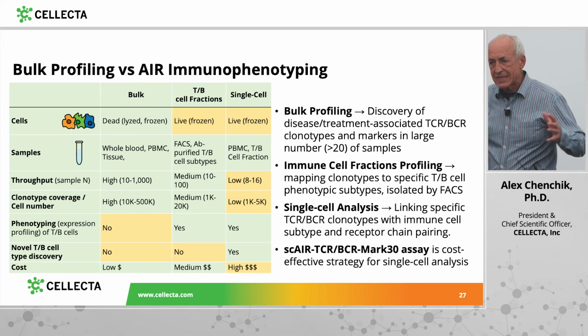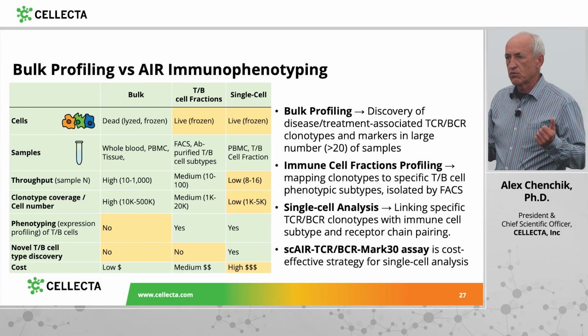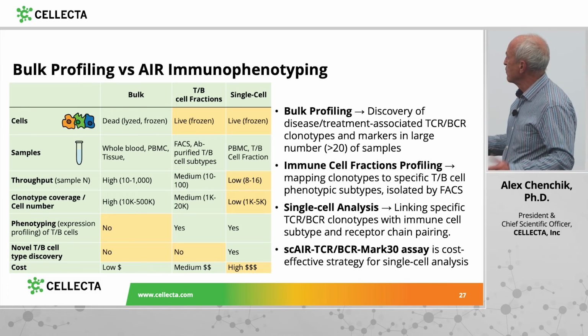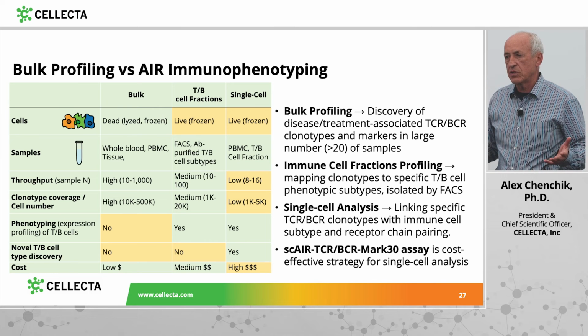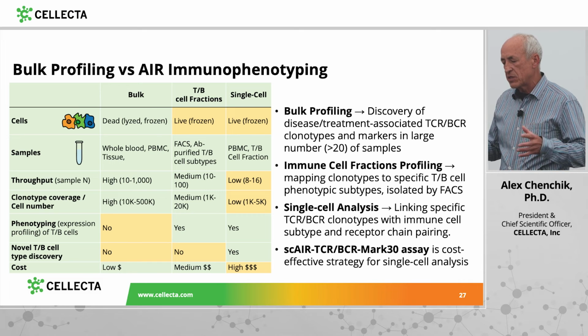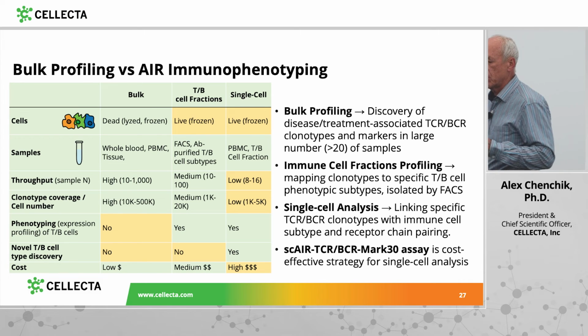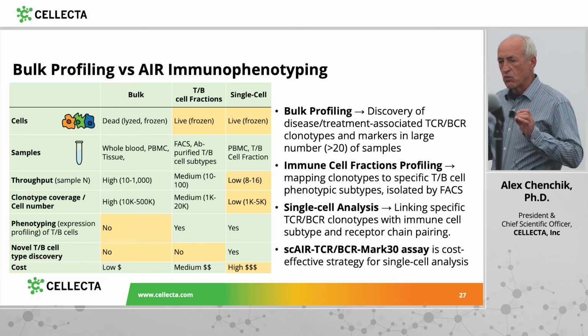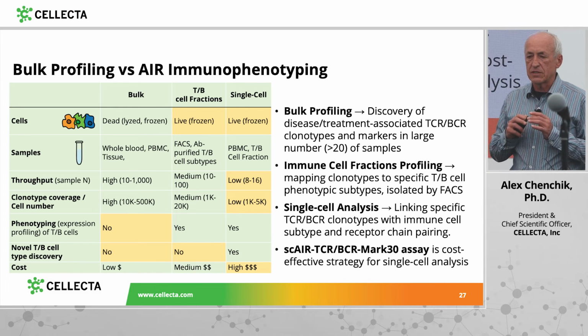So as a summary of what we discussed today, we tried to give you a journey. We believe that bulk profiling is the first assay that makes sense to do when you try to identify the intrinsic set of clonotypes which are important to run for follow-up studies.